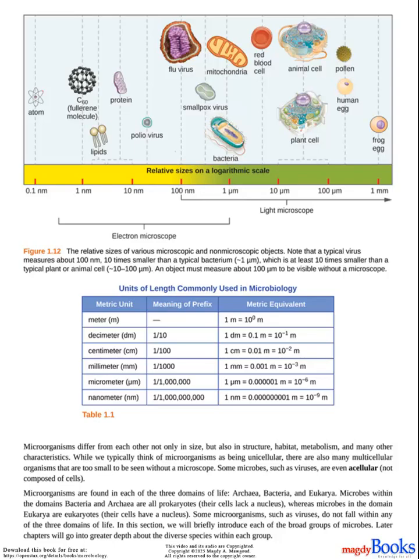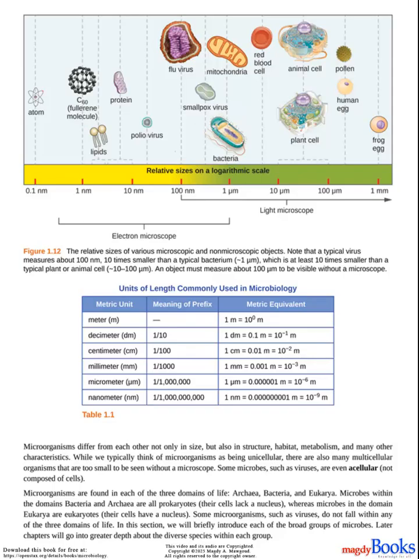Table 1.1. Units of length commonly used in microbiology. Metric unit, meaning of prefix, metric equivalent. Meter, m: 1 meter equals 10 to the power of 0 meters. Decimeter, dm: 1 over 10. 1 dm equals 0.1 meter, equals 10 to the power of negative 1 meter. Centimeter, cm: 1 over 100. 1 centimeter equals 0.01 m, equals 10 to the power of negative 2 meters.